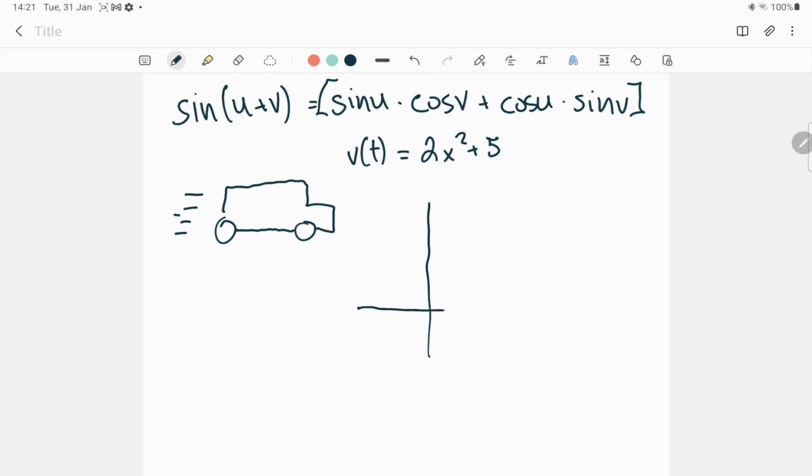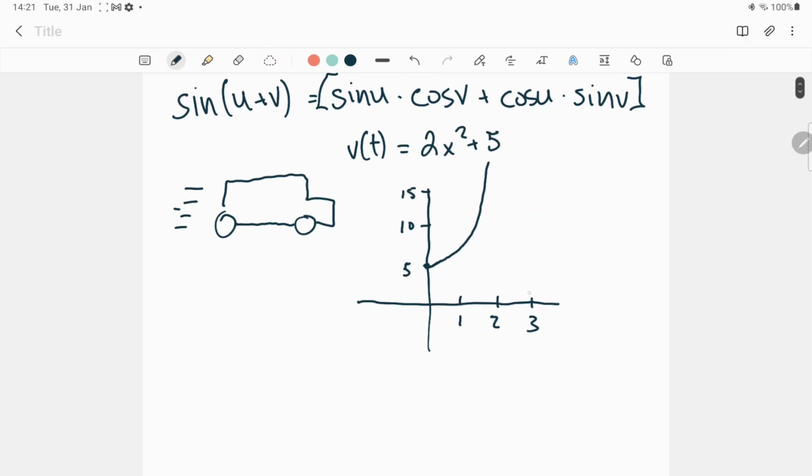If I graph this, let's say we have our starting point 5 here, and 10, 15, whatever. 1, 2, 3. Right, so we will start here and just go, since this function is squared, it will exponentially grow into really large numbers, right? This is not representative, it does not look like this.